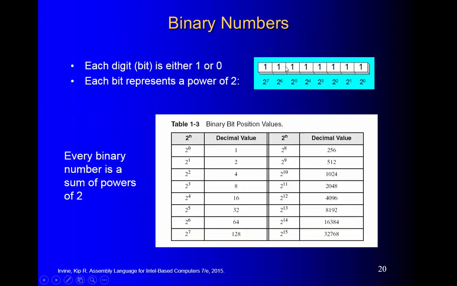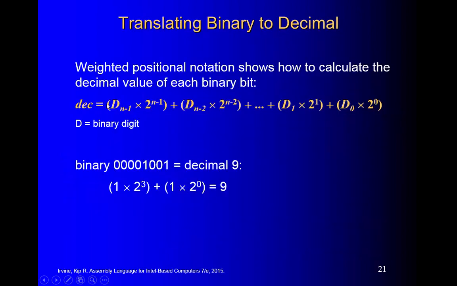So each of these is a D, a binary digit. You take the binary digit times its location value, add the second digit with its location value, and so on, and you can find the value. That's the decimal equivalent of the binary number.